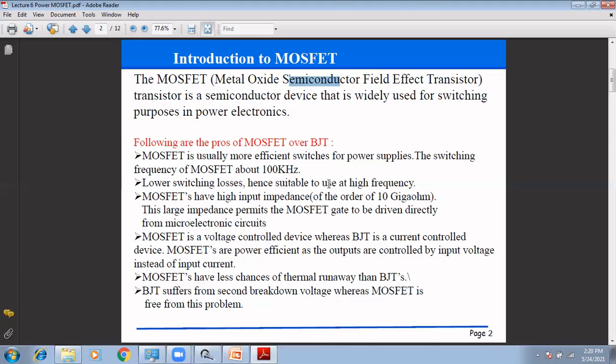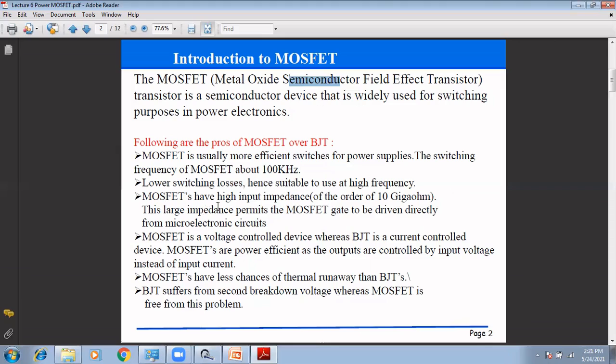That means when any switch goes from on to off or off to on, in this process some power is lost, but in MOSFET it loses very little power, and hence it is very applicable for high frequency applications.